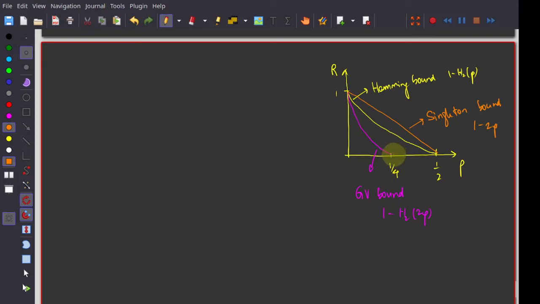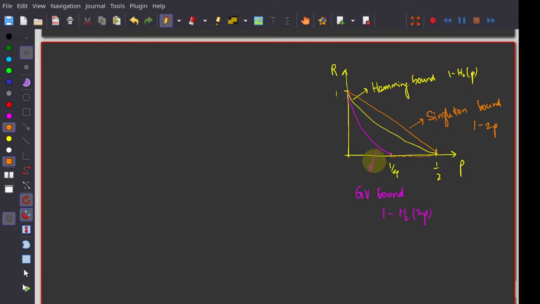So first we'll try to resolve what happens in this particular region. Is it possible to achieve a positive rate for any p greater than a quarter, or in other words, any minimum distance greater than half? And then we'll try to derive a better upper bound than any of these, at least for asymptotically large n.